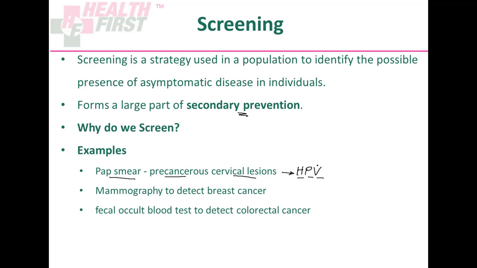It only identifies microscopic cellular changes that are representative of precancerous changes. The next example is the mammogram, which is used to detect breast cancer. And the next one, of course, is the fecal occult blood test, which is used to detect colorectal cancer.